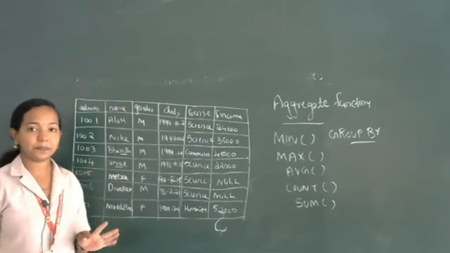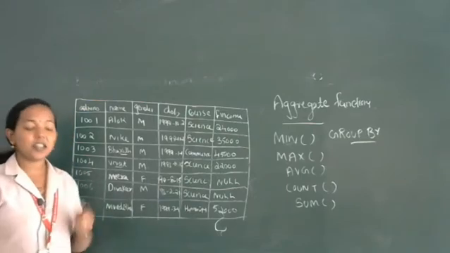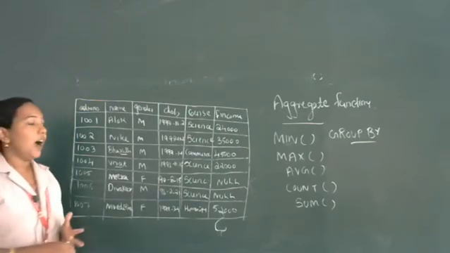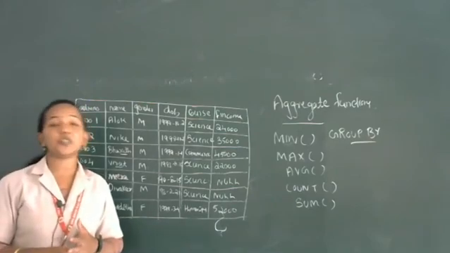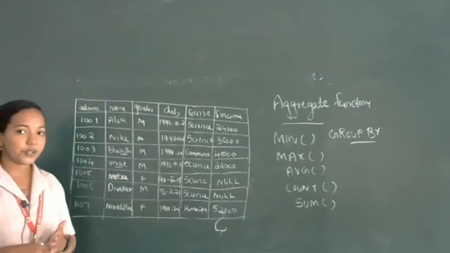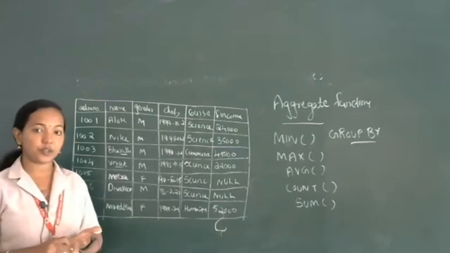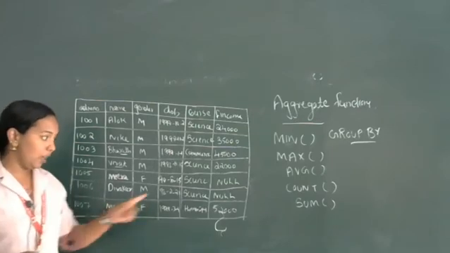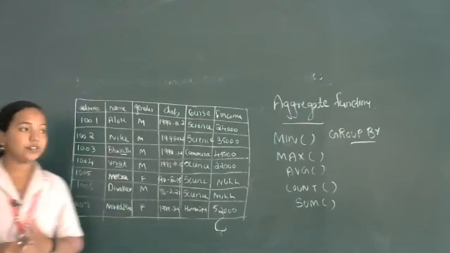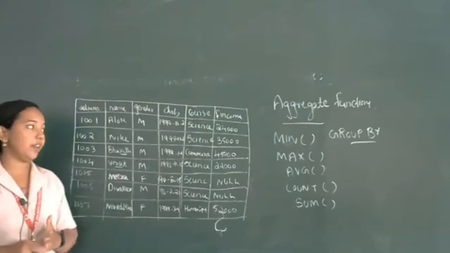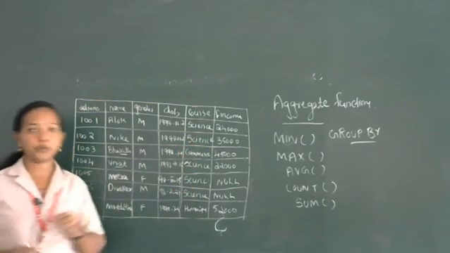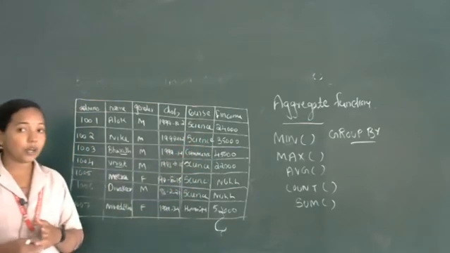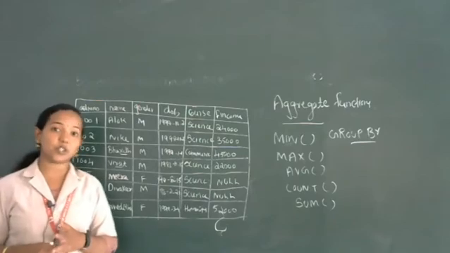For example, suppose I want to find the number of students present in each batch. Humanities 1 student, commerce 1 student, then what about science? 1, 2, 3, 4, 5 students. Number of students in each batch.